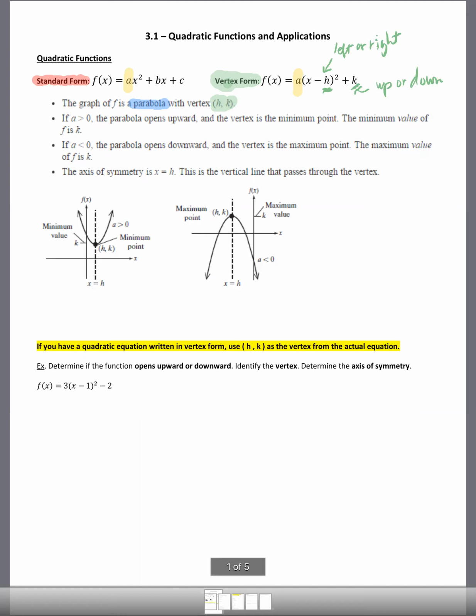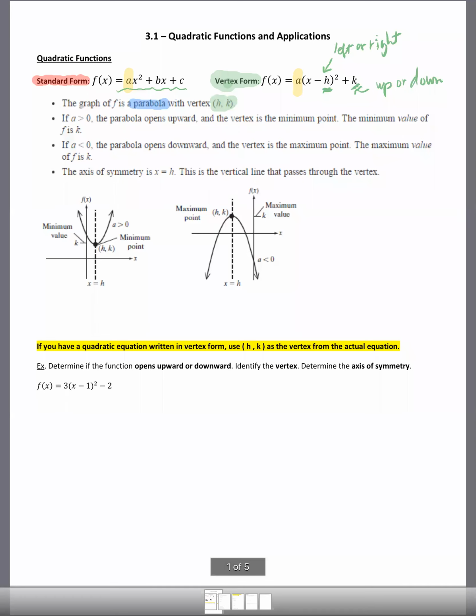Whereas if you look at the standard form of the quadratic function, you'll notice that there's not an h or a k value in the problem that is obvious. So in one case, the vertex form, the vertex will be easy to find. In standard form, the vertex will be something we calculate, and we'll show that a little bit later.